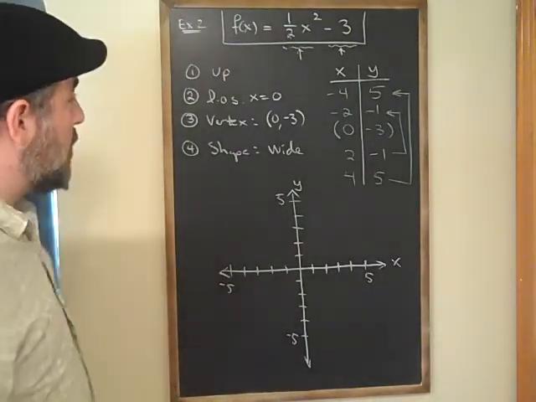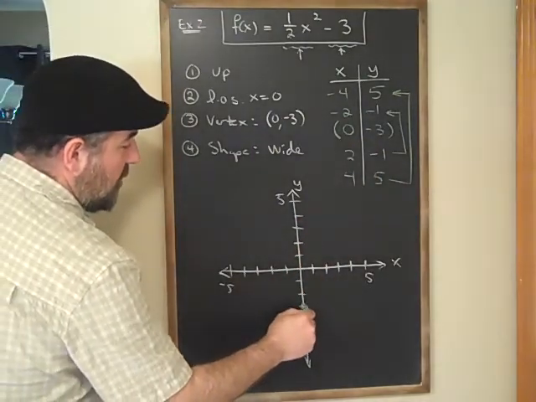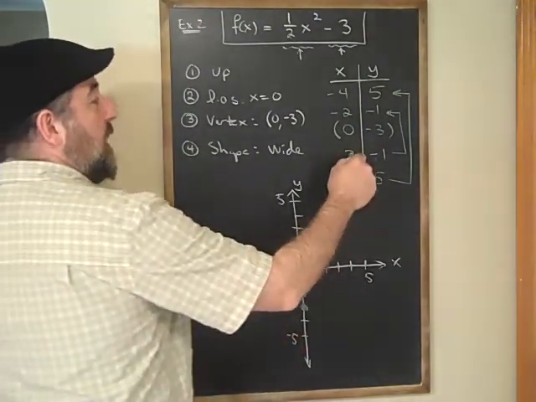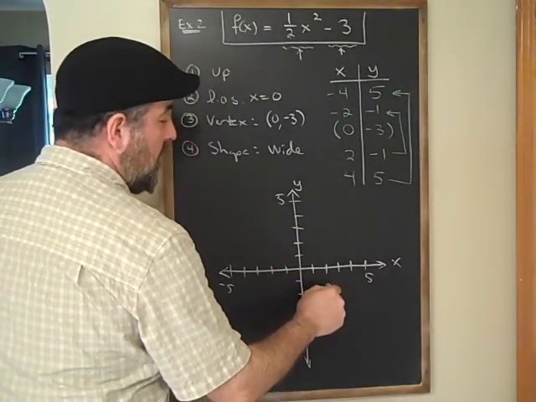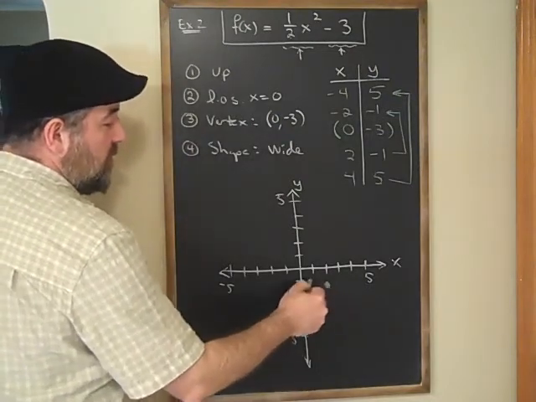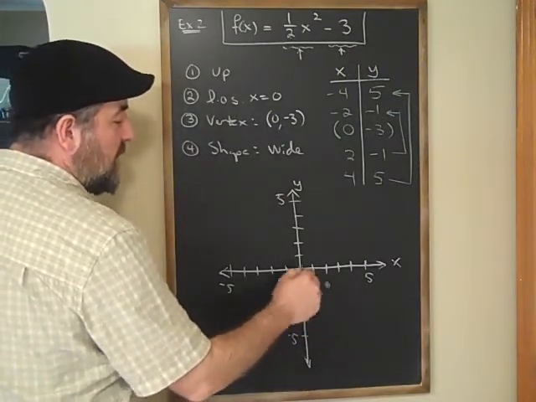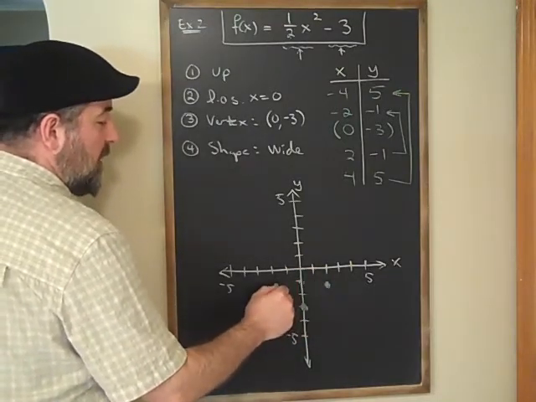So let's plot our points. I like to start with the vertex, 0, -3. There's our vertex. And I like to go to the right, over 2, down 1. And I'm going to use the symmetry to create the other point. So that's down 1, 2 to the right, down 1, 2 to the left.